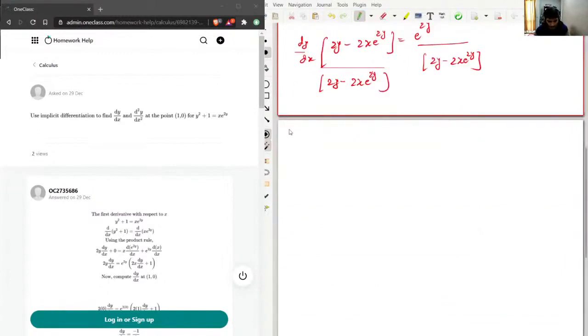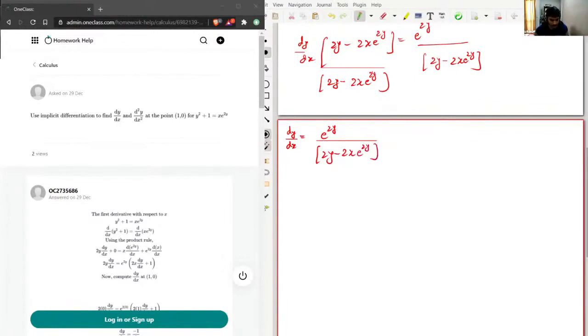So finally I'll get an equation for dy by dx. This will be e power 2y over 2y minus 2x e power 2y.